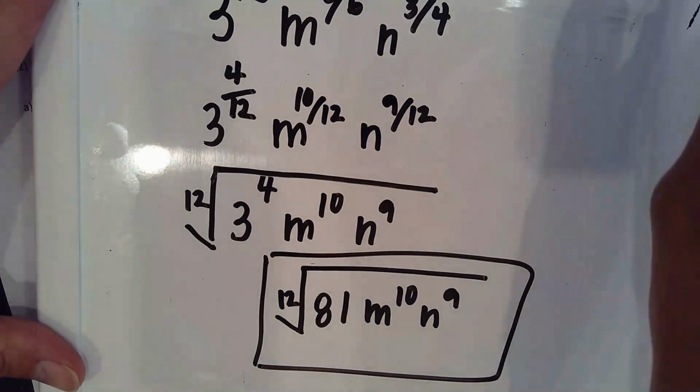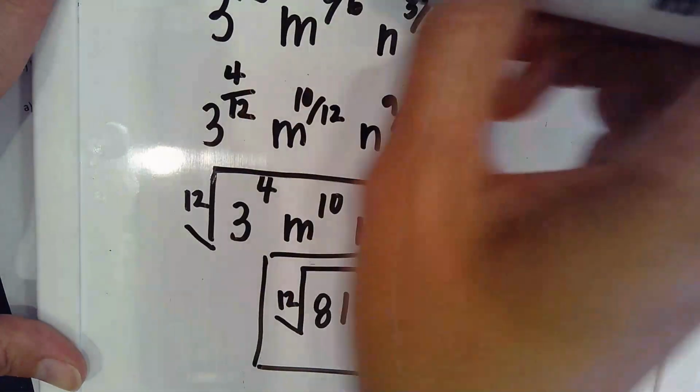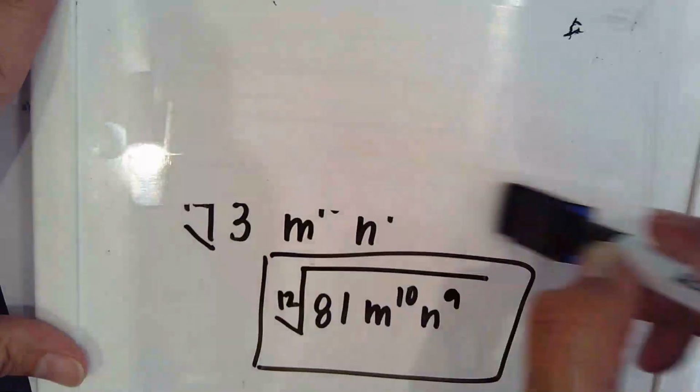Alrighty. Now I want you to write using exponents here. This is 4, right?